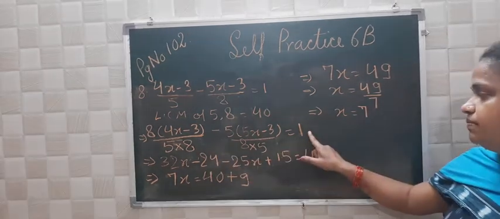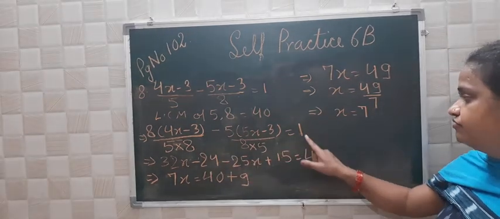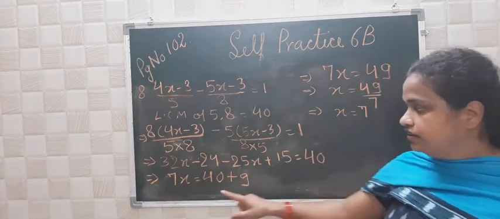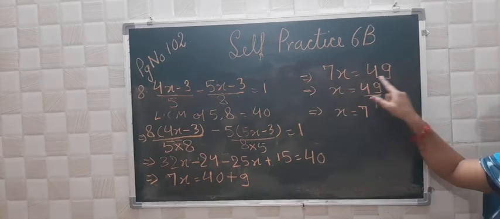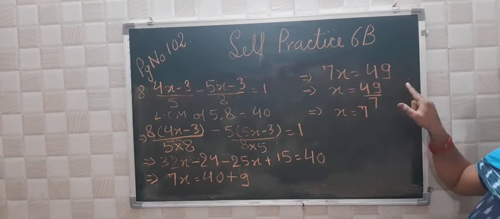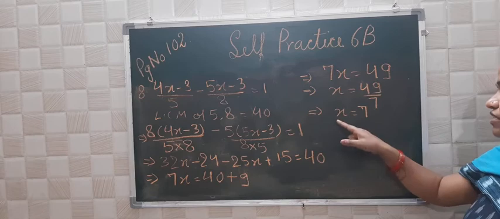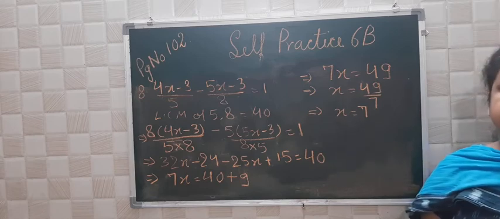This 40 is multiplied on the right hand side, so it becomes 1 into 40, 40. So 7x is equal to 40 plus 9. So 7x is equal to 49. So x is equal to 49 by 7. So further x is equal to 7.